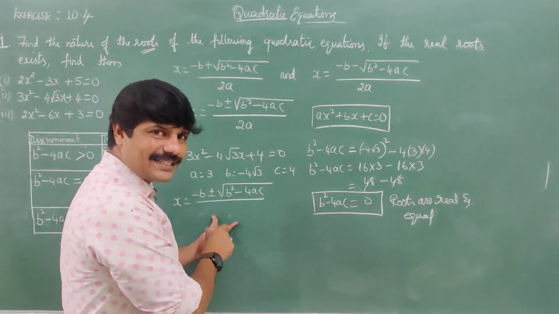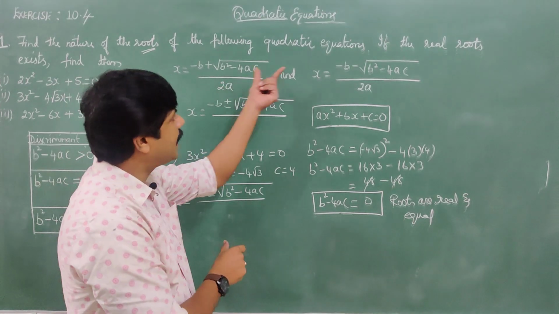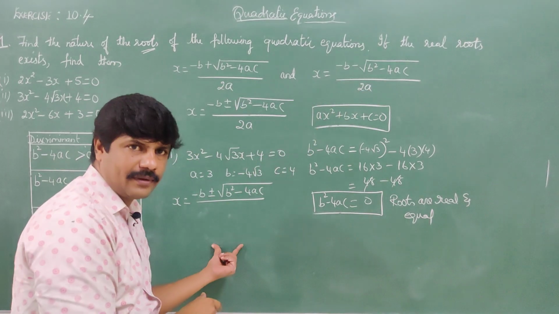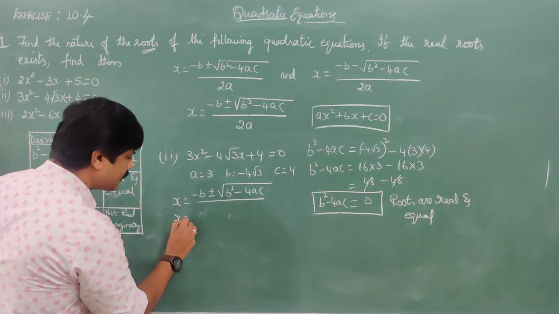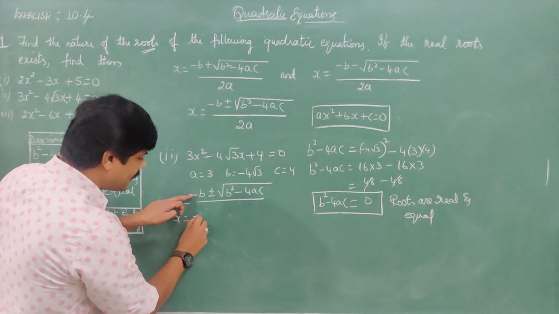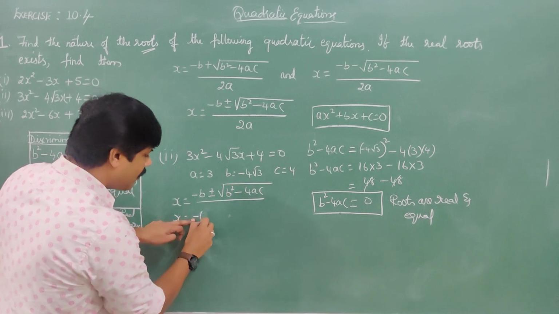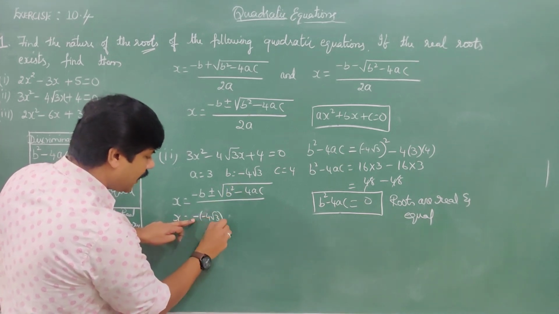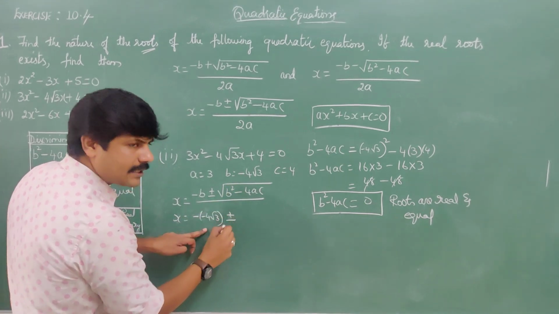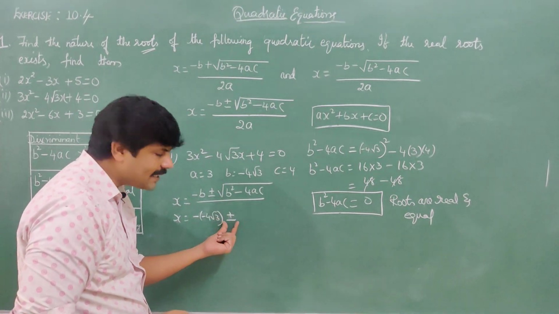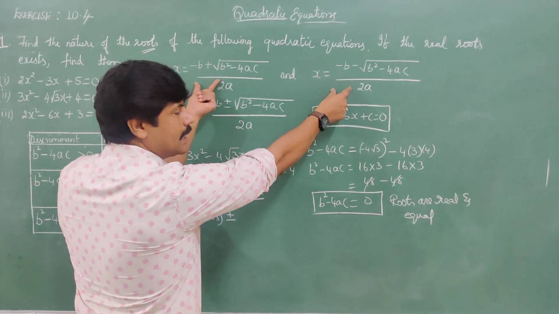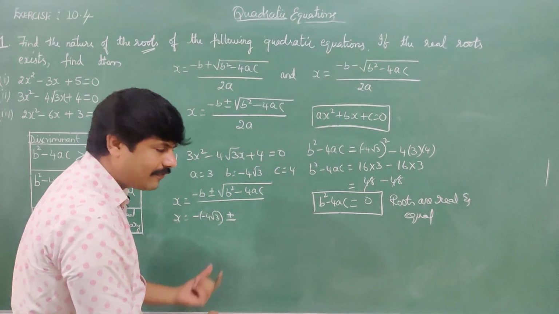I am doing it only once, not twice, so that one expression gives two values. Understand properly. x is equal to minus, what is the value of b? Minus 4 root 3, plus or minus. Once taking this as a plus, and the other time taking this as a minus, these two. Understand? So in once itself we are doing this.